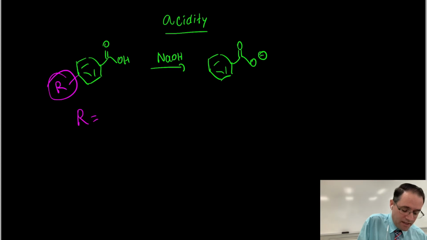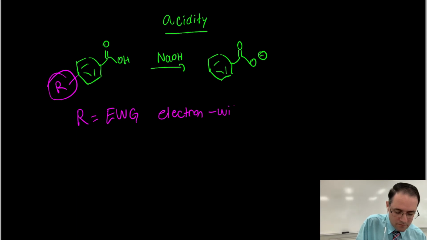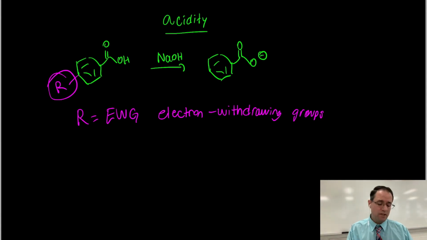If you have electron withdrawing groups, electron withdrawing groups through inductive or even resonance effects will stabilize that negative charge and cause the carboxylic acid to be more acidic, okay? So if the product is lower in energy, more stable, the starting material, relatively speaking, is higher in energy. So it makes it more acidic, okay?